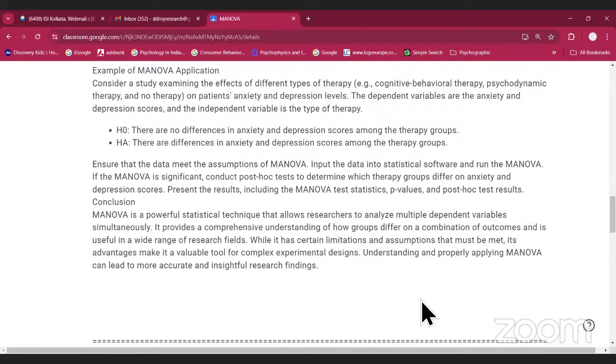Sir, then what is the difference between doing ANOVA separately and post hoc? In the case of one dependent variable and two groups, one independent variable will be the two treatments.